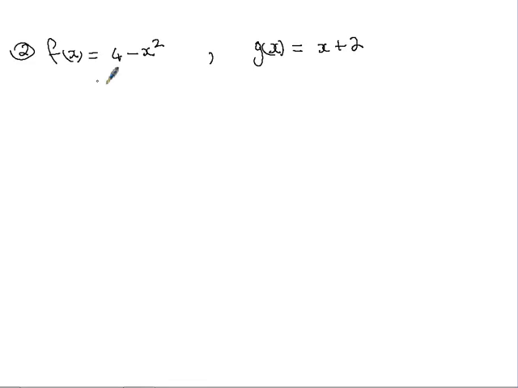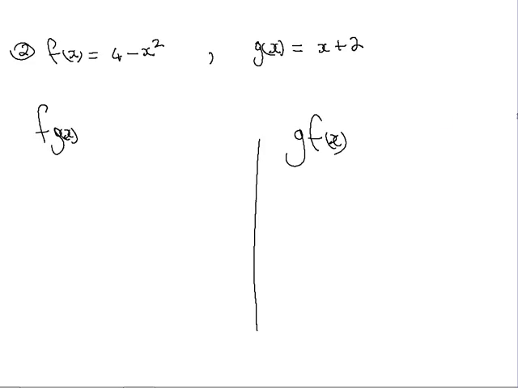Look at this. We have f of x equals 4 minus x squared, and g of x is equal to x plus 2. So let us combine these functions. I'm going to find f of g of x first, and then over here, I'm going to find g of f of x.